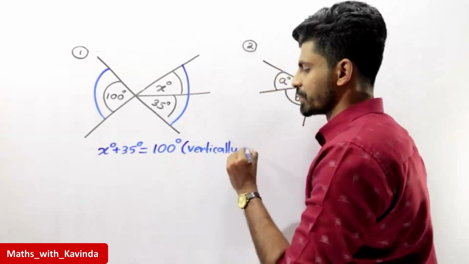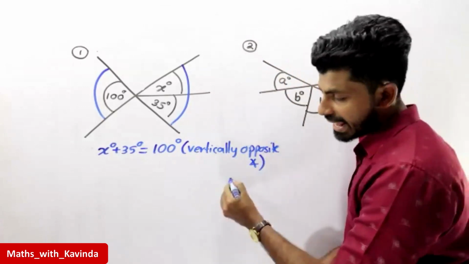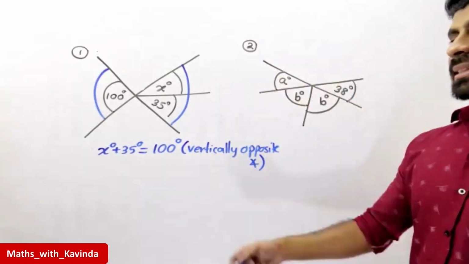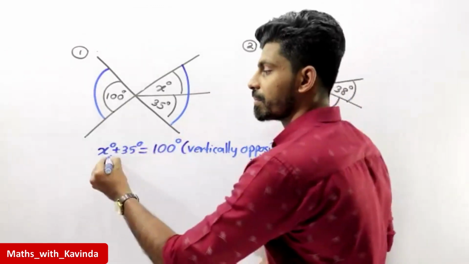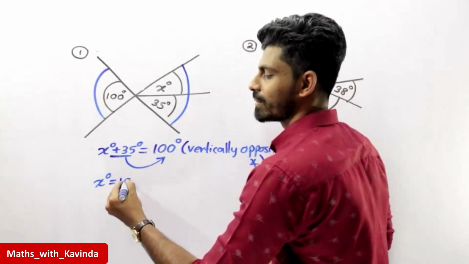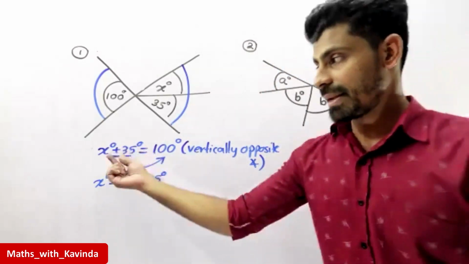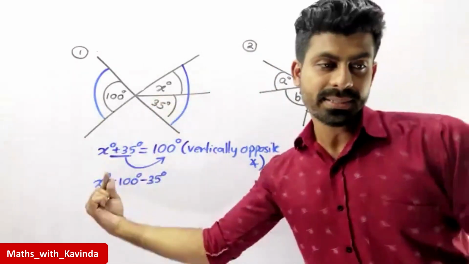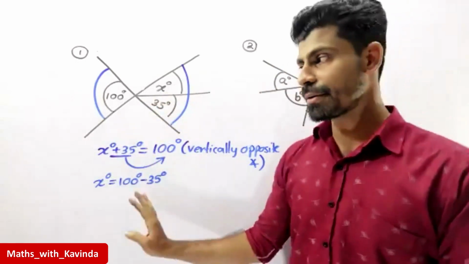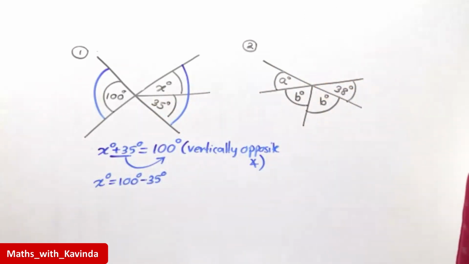Then plus 35 moving to the other side, so x equals 100 minus 35. Plus 35 moving to the other side converts to minus 35. You can write down the answer.